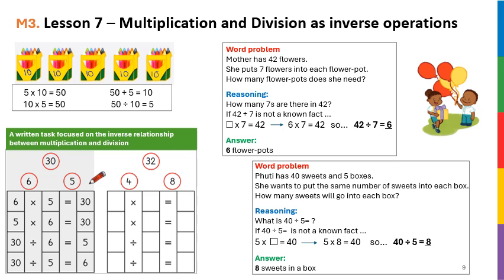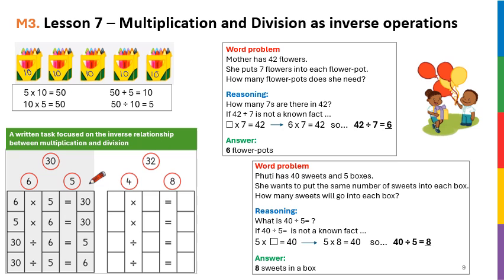Linked to this multiplication sentence is also a division number sentence. Here we can think that, well, there are 50 crayons altogether. If we divide them into 5 groups, there will be 10 crayons in each group. Now, also linked to 5 times 10 is another multiplication sentence, 10 times 5.